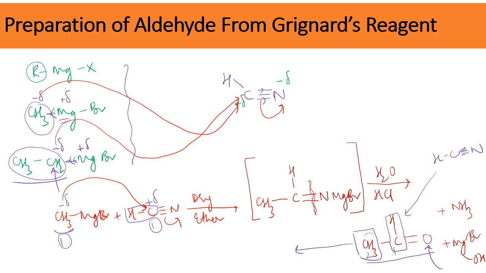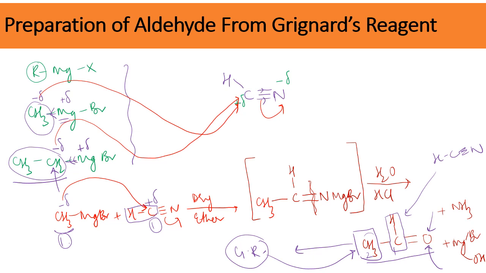So if we change the Grignard reagent, this part will change, right? HCN will remain the same. So we will be just changing the Grignard, and we will be able to make different aldehydes by changing different Grignard reagents. So one part is coming from Grignard, one part is coming from HCN, that is HC, and oxygen is coming from hydrolysis and water. This is how you can break this reaction into small pieces and understand it in parts, how the logic works.